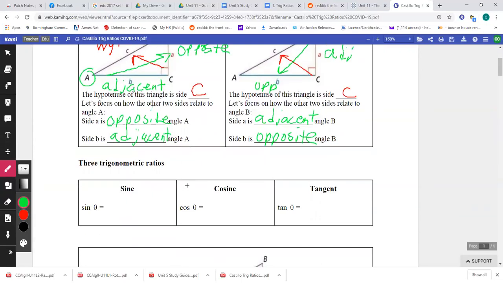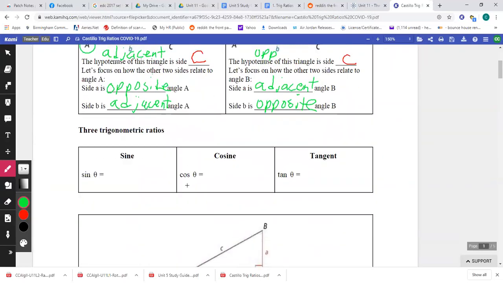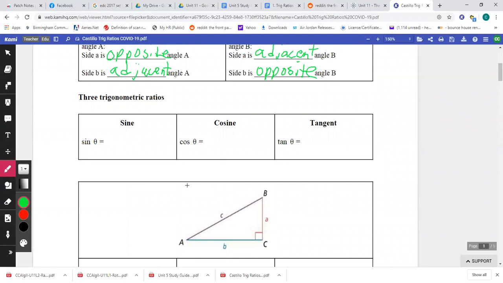Simple. So you have 3 trig ratios here. These 3 trig ratios are some of the most important ratios you'll see in math. Depending on what happens with this coronavirus, if there is an SAT that you're going to take in the fall, you need to know these trig ratios. Okay? So sine is opposite over hypotenuse.